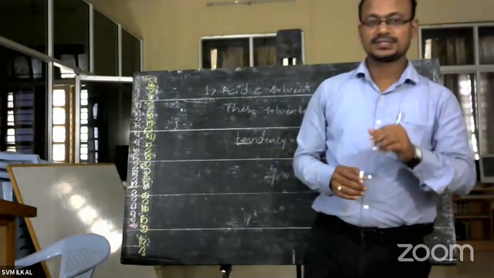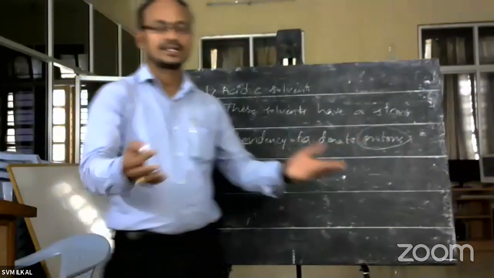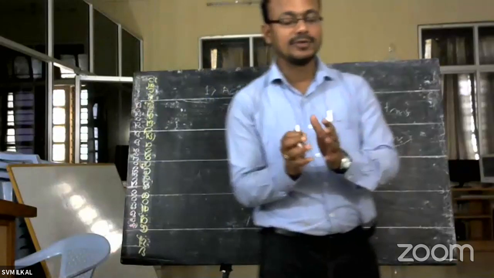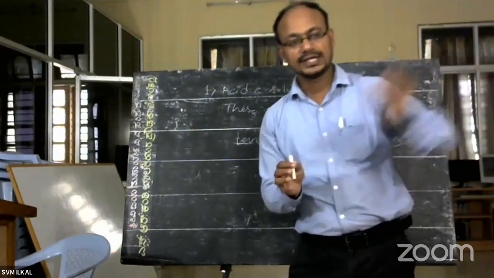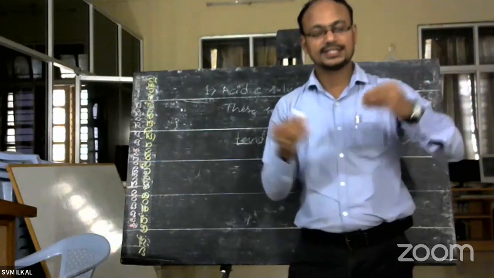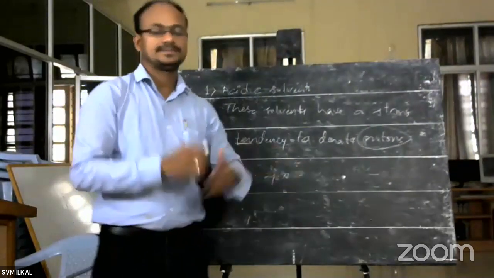Especially in inorganic chemistry, say for example, coordination chemistry is full of electrons. This metal will have a certain oxidation state, and the ligand will donate electrons so that they bind with each other, and thereby we form a complex.